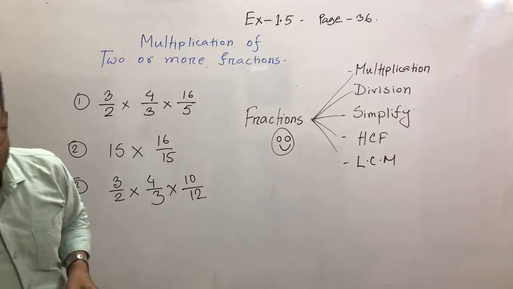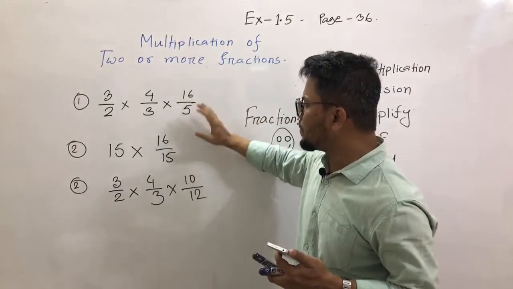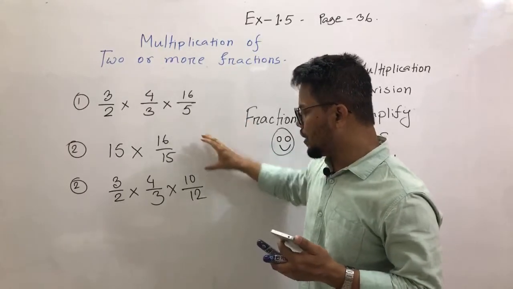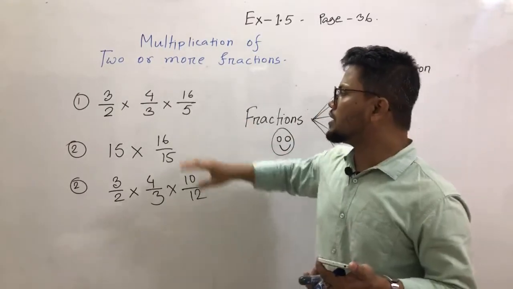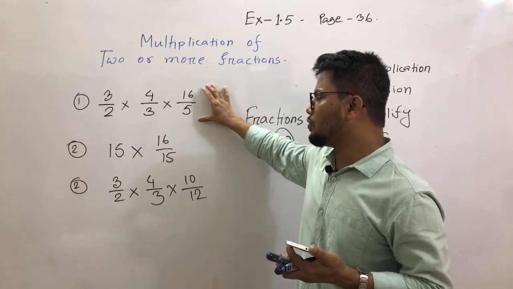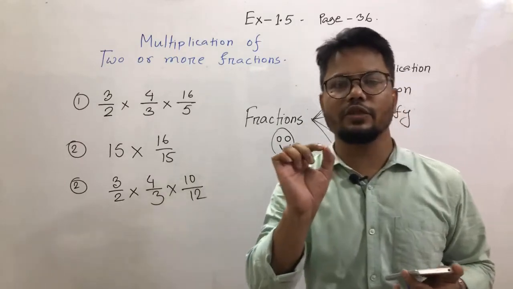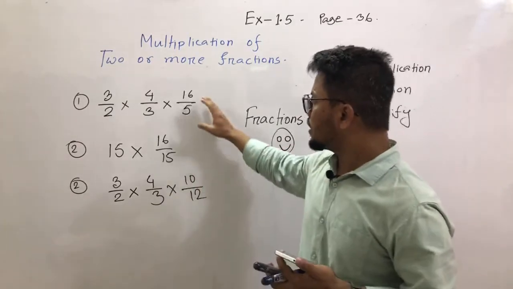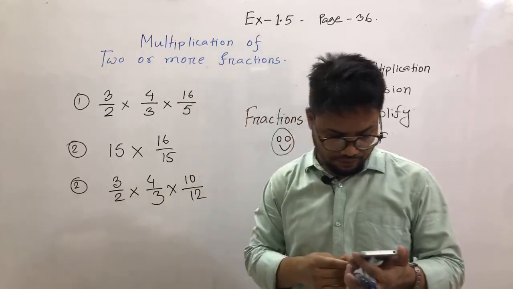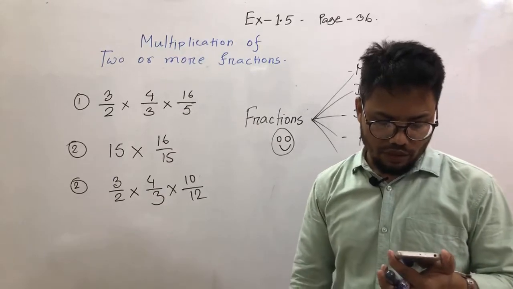So my dear students, in the comment section you can write how many students can do number A, number B and number C, that is A1, 2 and 3. If possible, please try question A, 1, 2 and question number 3. In the comment section you can write the answer. Multiplication of two or more fractions, reciprocal method.